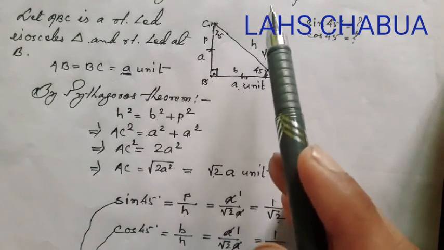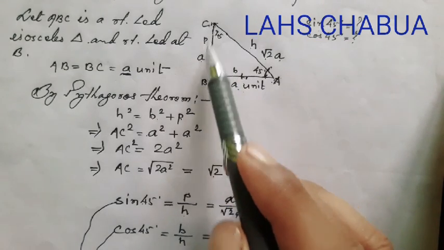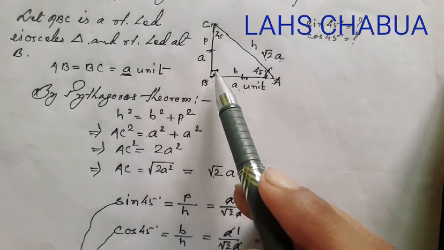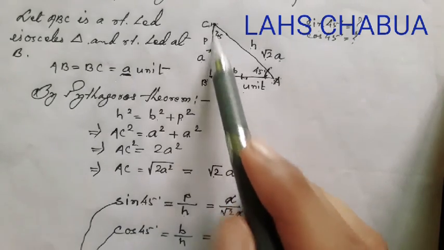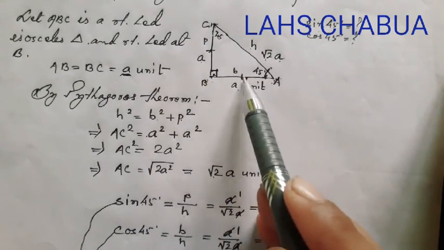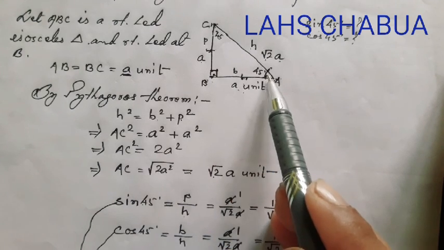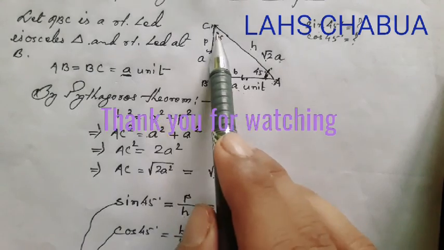In order to obtain all the trigonometric ratios of 45 degree, you need to draw first a right angle triangle. You need to assume a right angle triangle. At the same time, it should be isosceles triangle having two sides equal. So this is our right angle triangle. These two sides are equal, and we have taken this angle as 90 degree. So these two angles will be 45 degree.